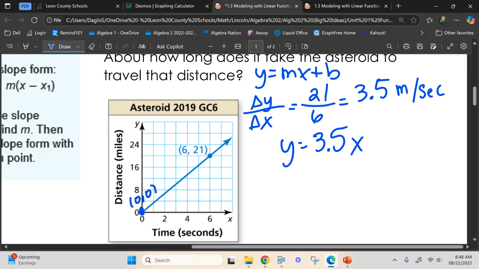It's speed. So this slope is representing the speed of the asteroid. It is traveling 3.5 miles every 1 second. It's kind of fast. We're good with interpreting? That's very Algebra 1. Okay, so this is the speed.